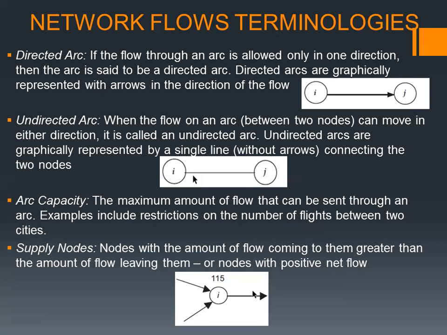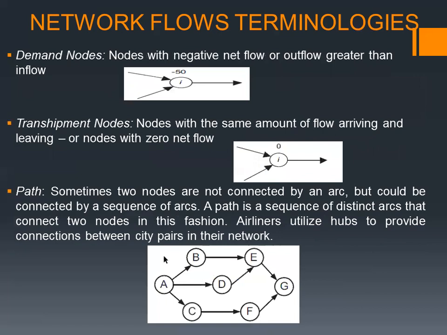There is something called supply nodes. The supply nodes can be in terms of manufacturing goods. They are the nodes that are capable of supplying the goods or needs to the demand nodes. Demand nodes will have some kind of requirement, and that demand will be met by the supply nodes.